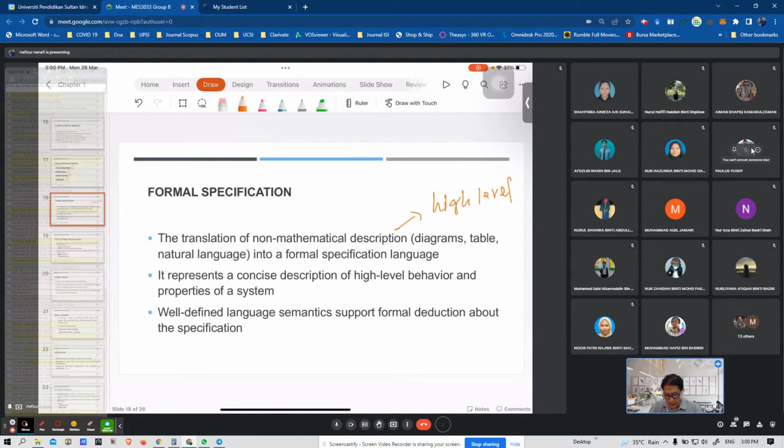It also represents a concise description of the high-level behavior and properties of the system using the semantics. Kita akan gunakan semantic. And then well-defined language semantics support formal deduction about the specification. And later we will see the deduction. Formal deduction: basically, we are looking at two types, inductive and deductive.